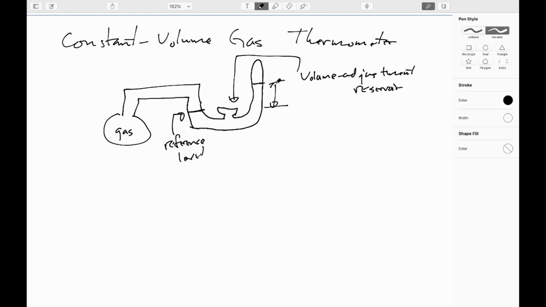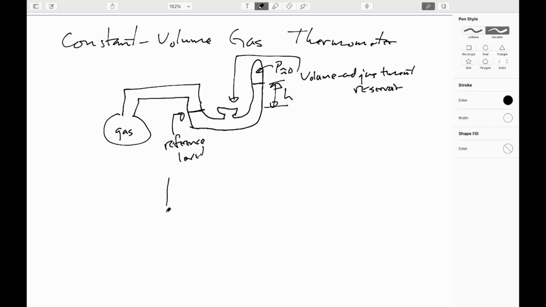And then it goes the same from there. You use this column height right here. This is going to be evacuated, so the pressure is roughly 0 right there. So it's going to measure the pressure. But it turns out that if the volume doesn't change, the pressure is directly proportional to the temperature, at least as long as the gas is of adequately low density.